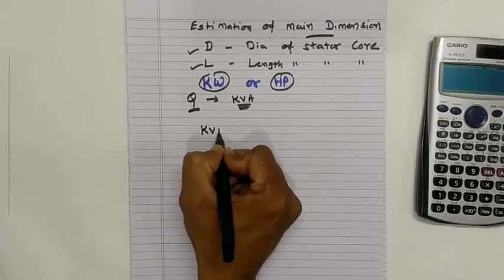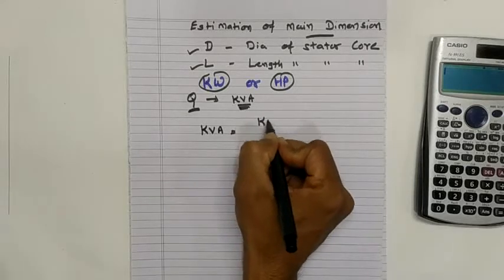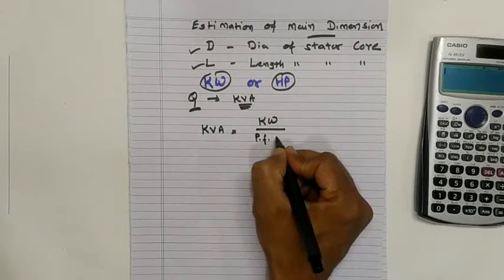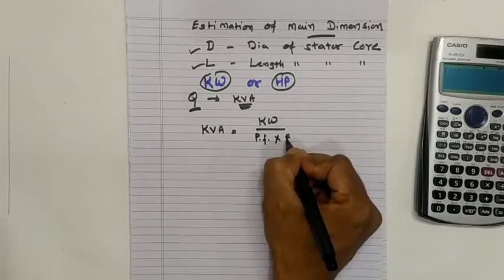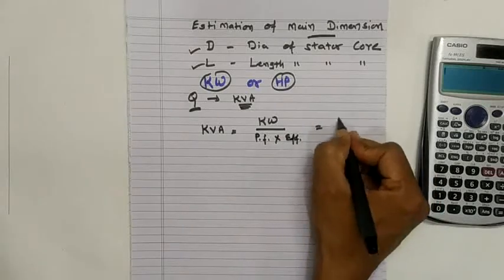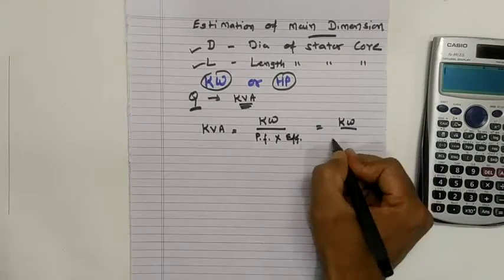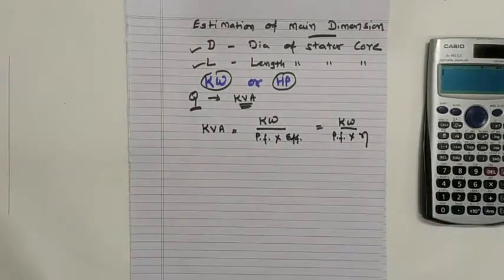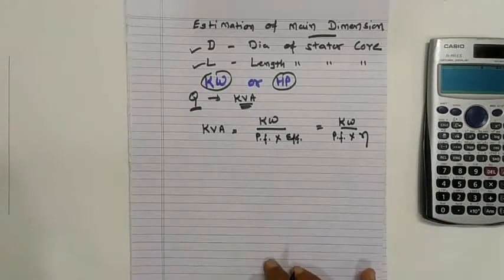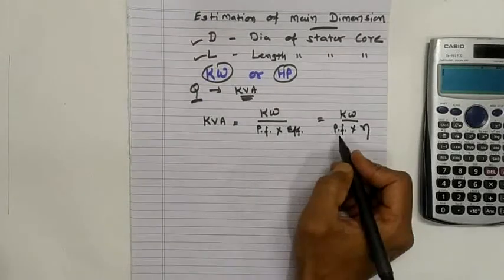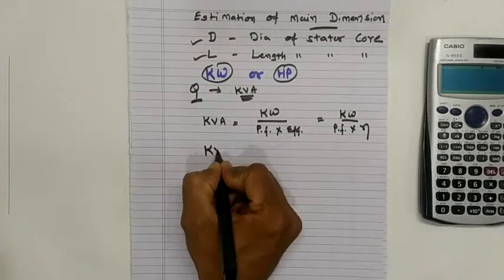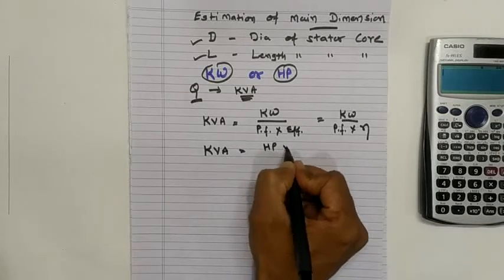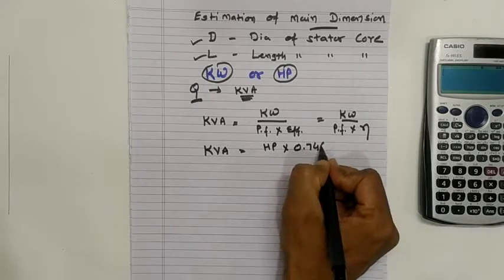So kVA is kilowatt divided by power factor and efficiency. Suppose it is given in HP, then kVA is HP multiplied by 0.746.